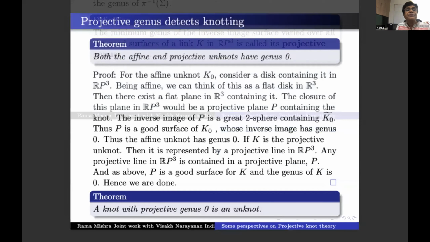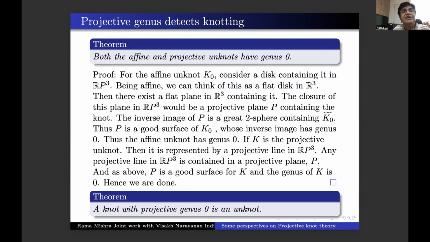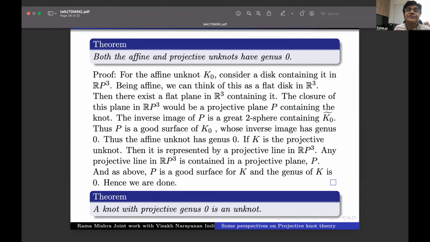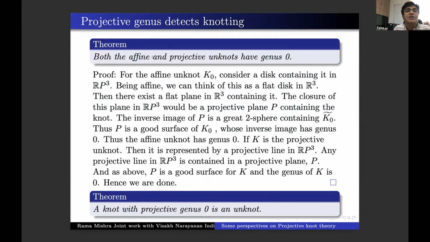And the way it helps, first we ensure that the projective genus for both unknots, whether it's an affine unknot or a projective unknot, is 0. The reason being, you can make them lie on a projective plane.